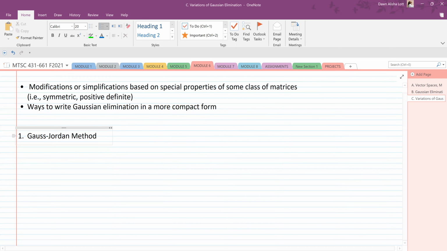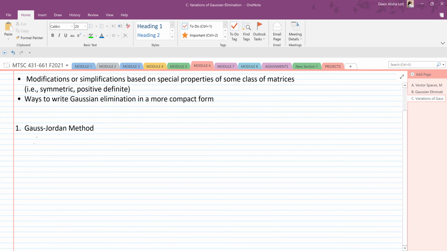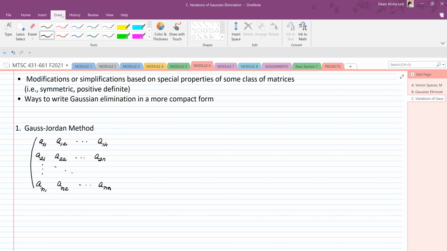Okay, so the Gauss-Jordan method, we want to take this matrix, A11, A12, all the way over to A1n, A21, A22, all the way over to A2n, dot, dot, dot, An1, An2, Ann, with right-hand side B1, B2, Bn.